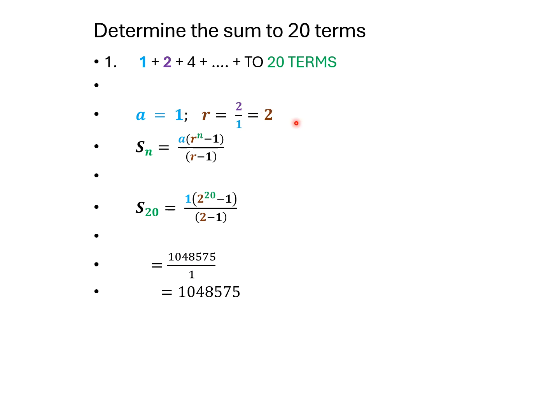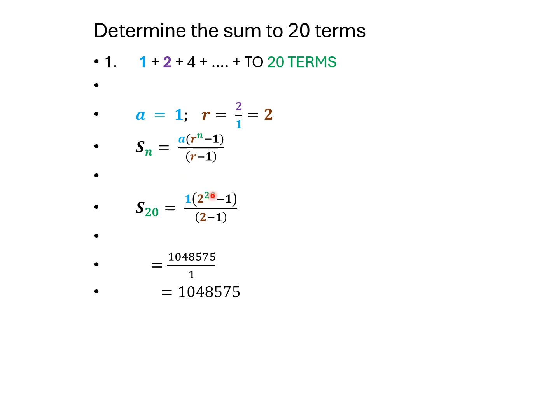So a is 1, r is 2, so to get the sum to 20 terms, we're going to use Sn equals a(r^n minus 1) divided by r minus 1. Alright, that's the formula we determined in the previous slide. So we want 20 terms, so S20, so n becomes 20.